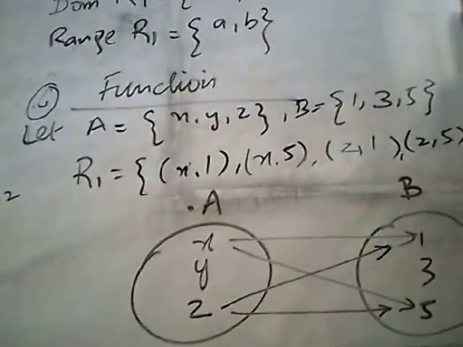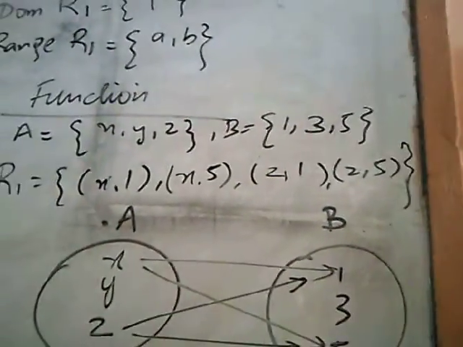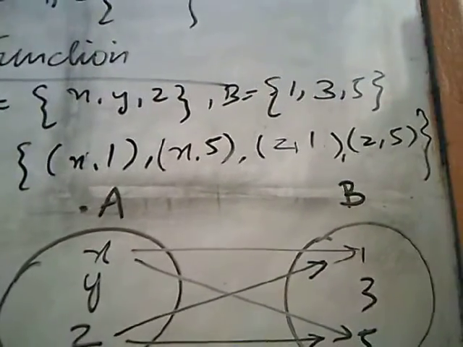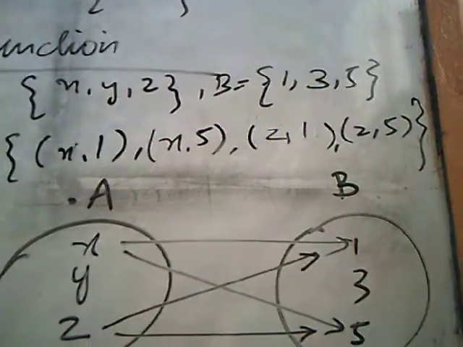For example, if you have a set A having members x, y, z, and set B having members 1, 3, 5, and you are given a binary relation R1 with the members x1, x5, z1, and z5. If you draw its mapping, the diagram shown here is known as the mapping of a function.